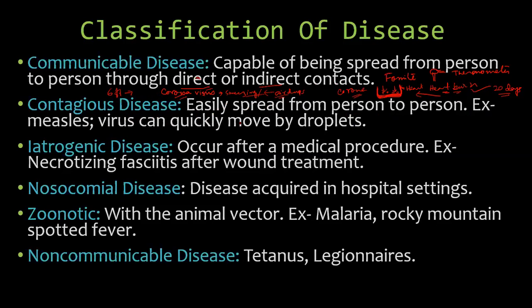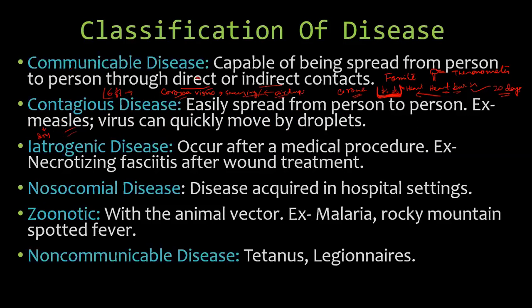Over here, 6 feet, 10 feet, 20 feet does not matter. If you inhale the same air, you are going to get that. If you touch the dry skin from that person, you are going to get it. So in this case, it is easily spread from person to person.